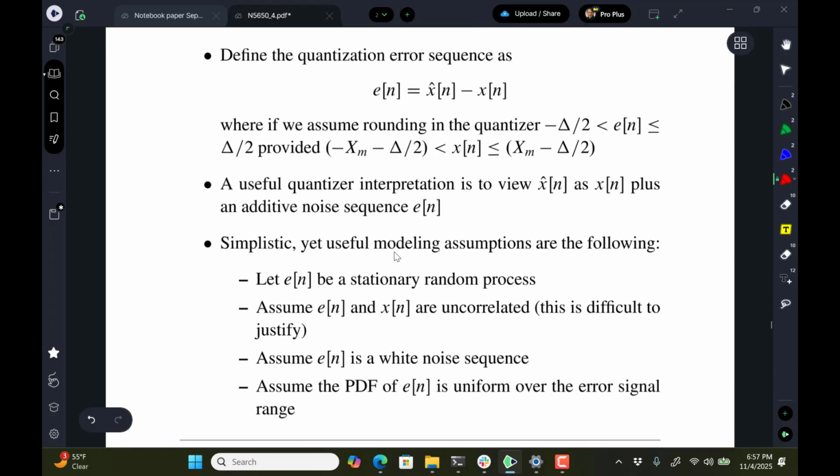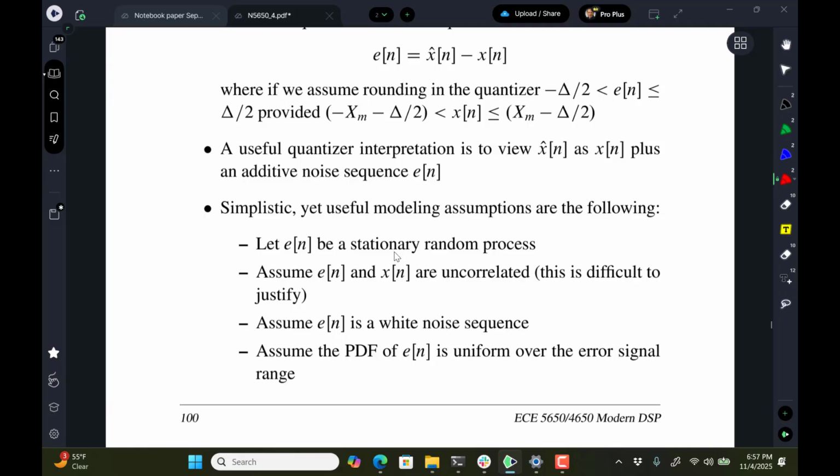It's a white sequence, and a very huge stretch of the imagination is that this error sequence is uncorrelated with the signal itself. And in reality, it's not uncorrelated at all, but for a lot of modeling purposes, it's useful to make this assumption just for simple calculations. So we assume that the PDF of the error is a uniformly distributed number, like rand gets produced in Python or MATLAB.